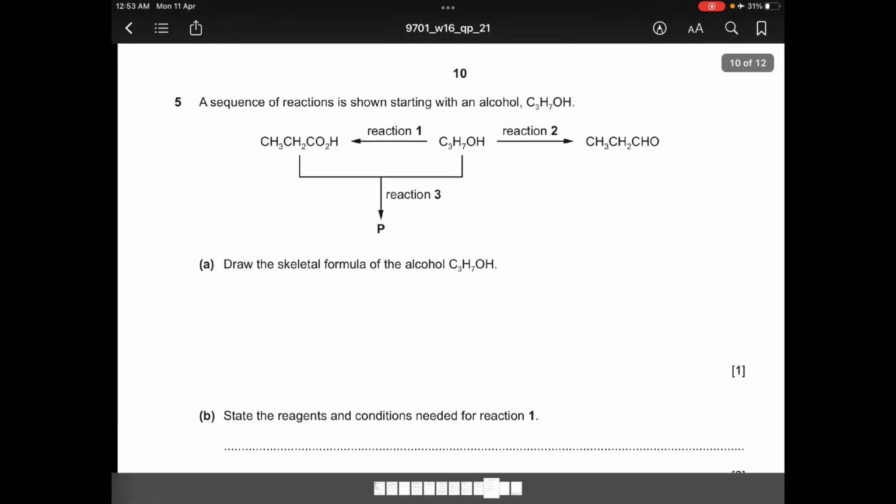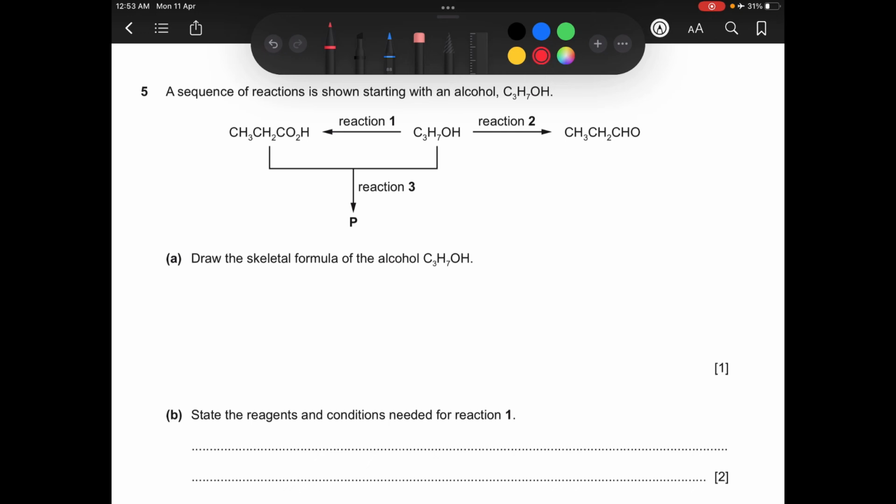That's it. Let's go to question 5, and it says that a sequence of reactions is shown, starting with an alcohol, most likely a propanol. All right, and as you can see, we have the scheme of the question.